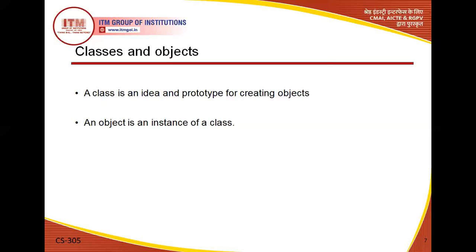Now, an object is a kind of value or variable, which is known as an instance. So we can say an object is an instance of a class, and with the help of this object we call all the functions of the class, all the data members and member functions of the class.